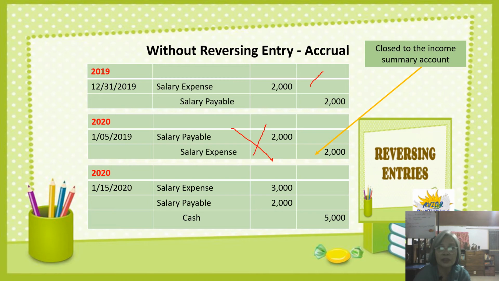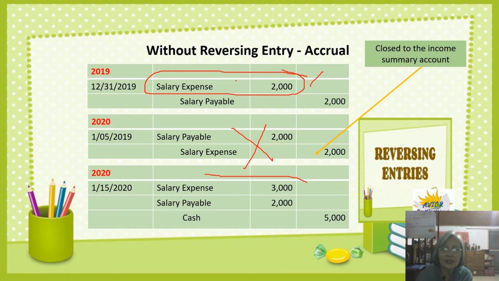Ito, hindi mo ginawa. Ang mangyayari ngayon, pag magbabayad na ng salary ang business, iisipin mo ngayon, meron kang ginawang adjustment noon na nag-record ka ng expense na 2,000. Therefore, hindi mo na i-record yan ngayon. So, ang i-record mo na lang ay 3,000.